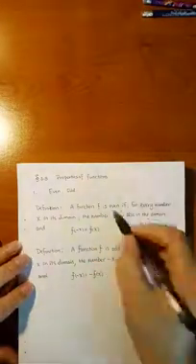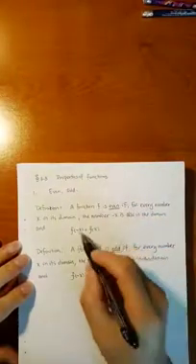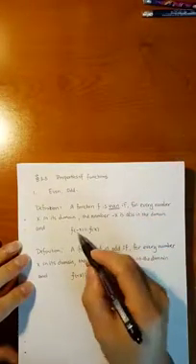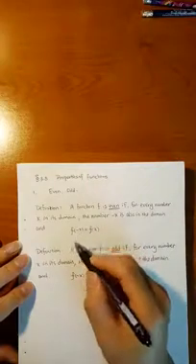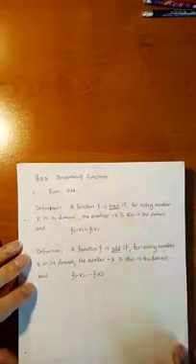So this is odd. Even function means if you have f of negative x, you can ignore the negative sign. Odd function means if you have f of negative x, you just move the negative sign forward.